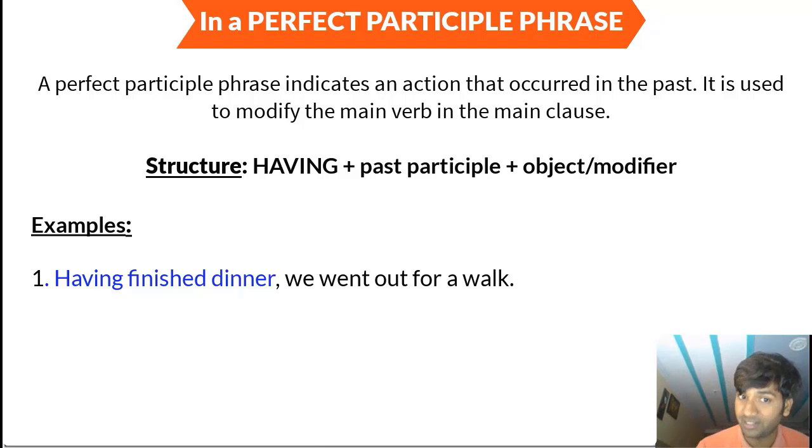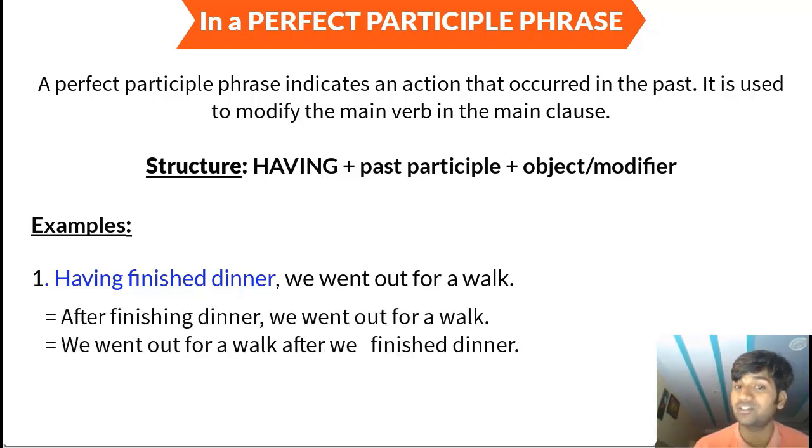The subject finished dinner first and then went out for a walk. Having finished dinner, since the dinner was taken, the subject went out for a walk. In other words, it means after finishing dinner, we went out for a walk, or we went out for a walk after we finished dinner.